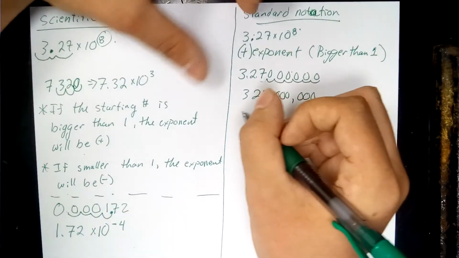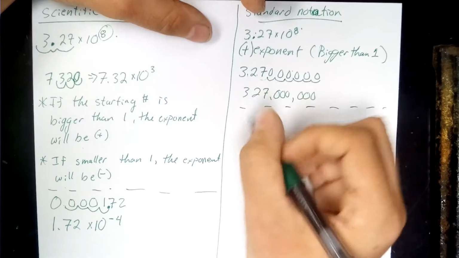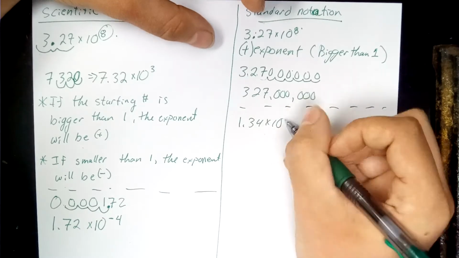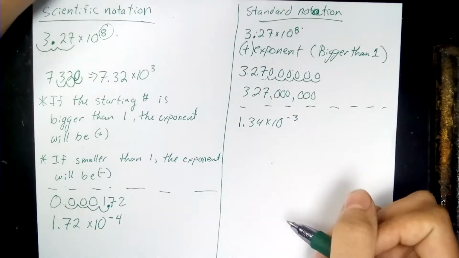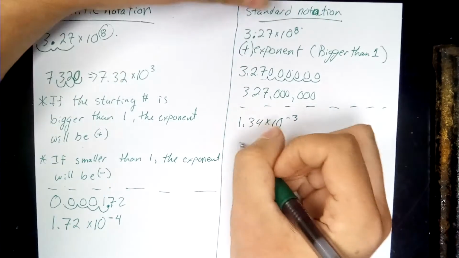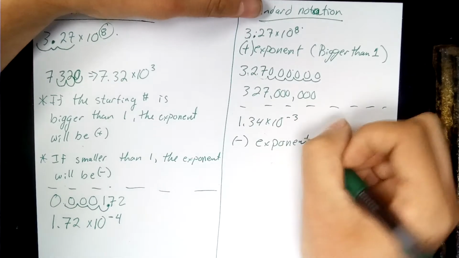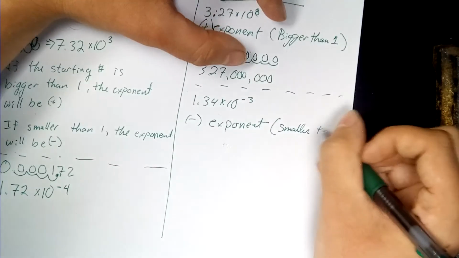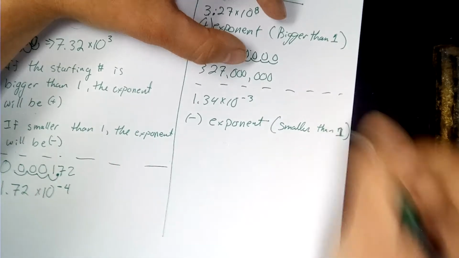So on the flip side, if I have a negative exponent, so if I have 1.34 times 10 to the negative third power, so a negative exponent will be smaller than the number 1.